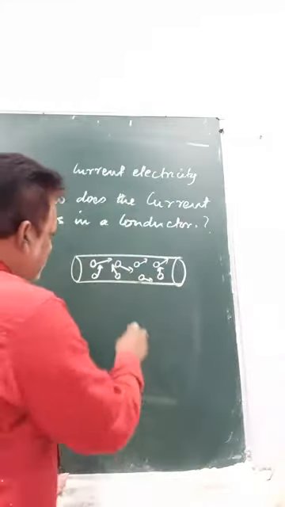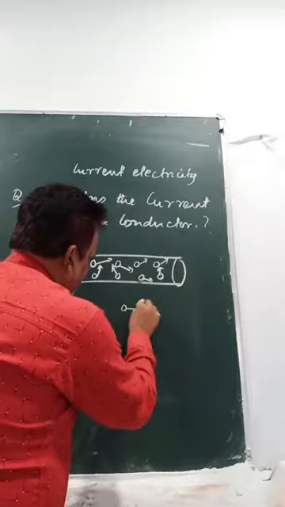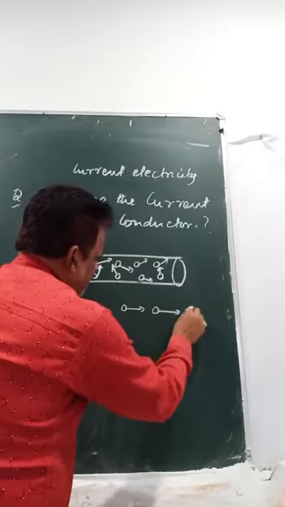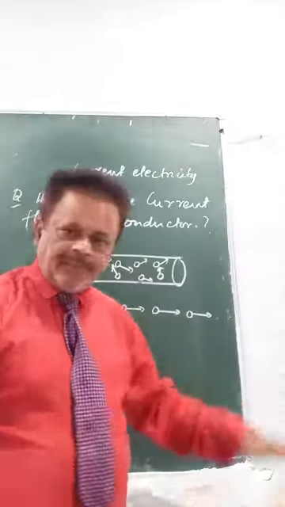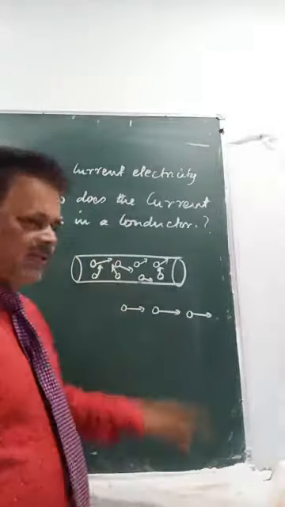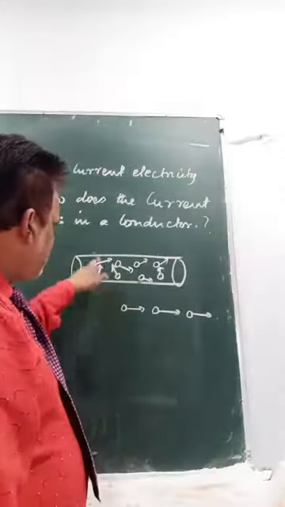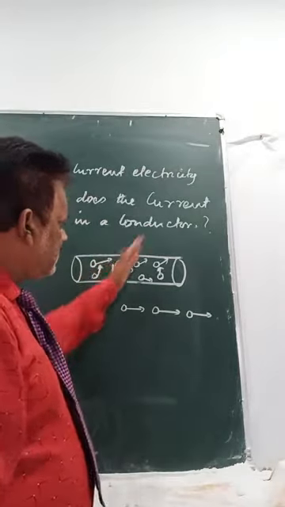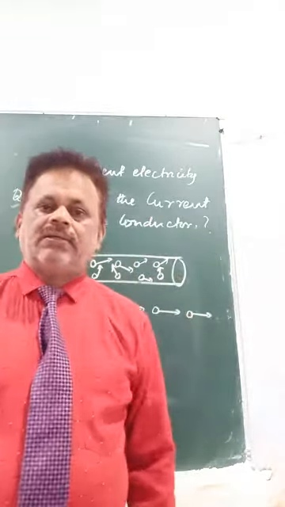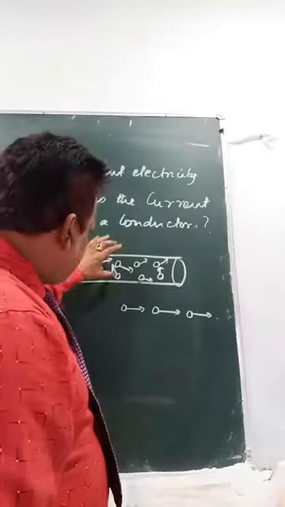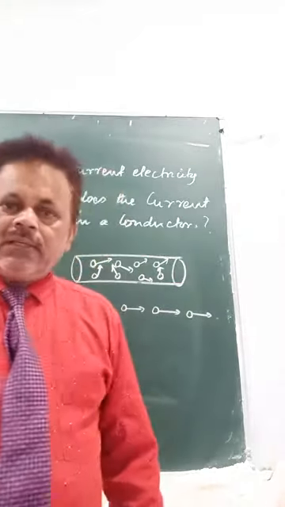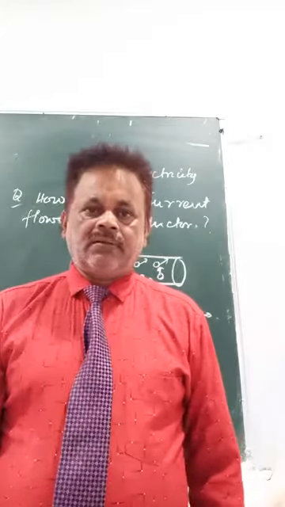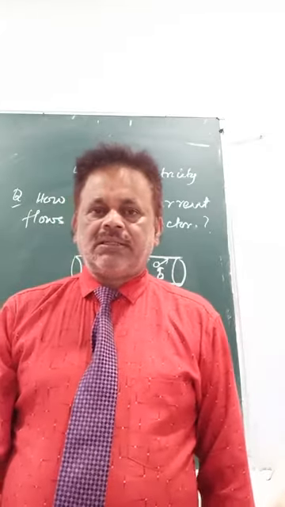Straight alignment order means every electron has to be in one direction. There are so many directions here, so they are repelling each other. If you can arrange these electrons in one direction, then the current will start flowing. Or, electrons moving means current will start flowing.